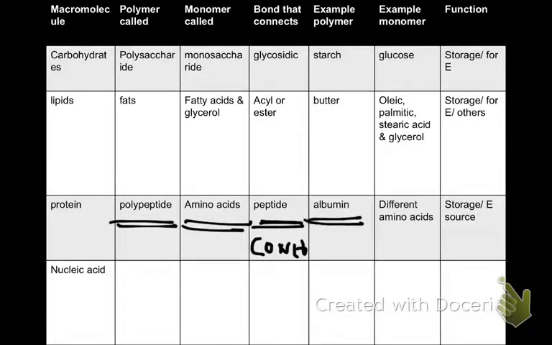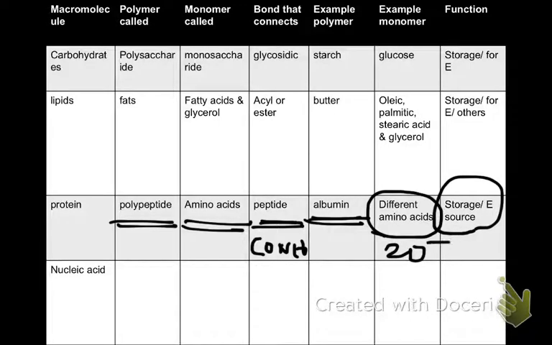One example that we used in the lab today was albumin and different amino acids. You have 20 different amino acids that can be monomers, and one of the functions is storage. But I already listed for you in the beginning of the slide for proteins easily about 7 to 8 different functions. Okay, we move to the next topic of nucleic acids.